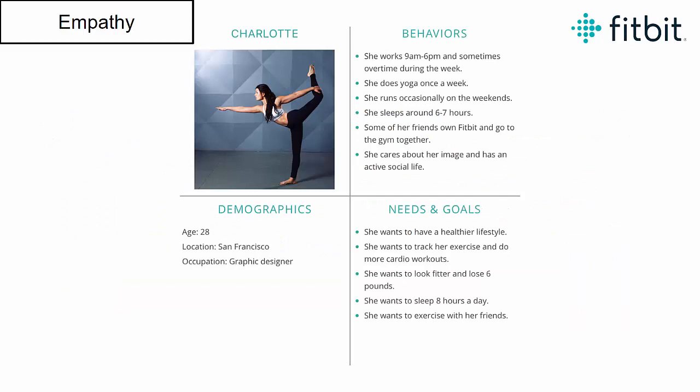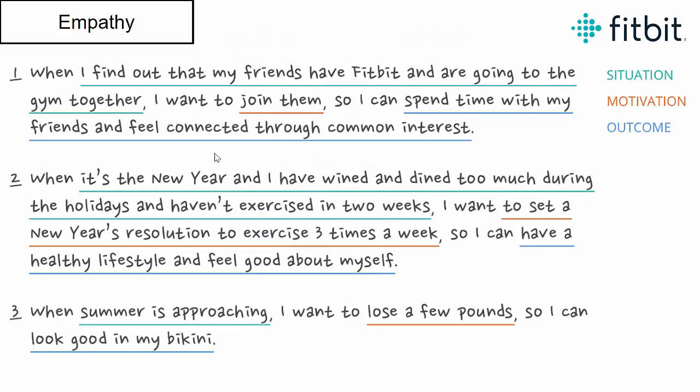So to empathize with her users, she first built a persona, identifying things such as their behaviors, their demographics, and their needs and goals, followed by trying to understand what are some situations where they would like to use FitBit. So here you have three different situations where the first being that she wants to join her friends to go and gym together so they can feel connected.